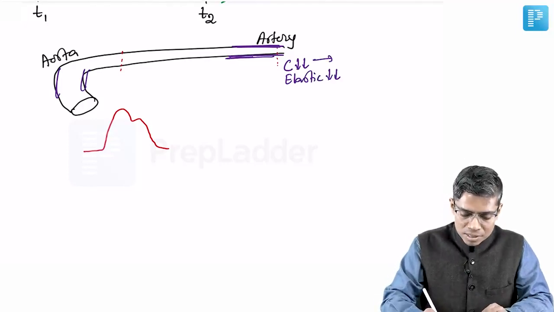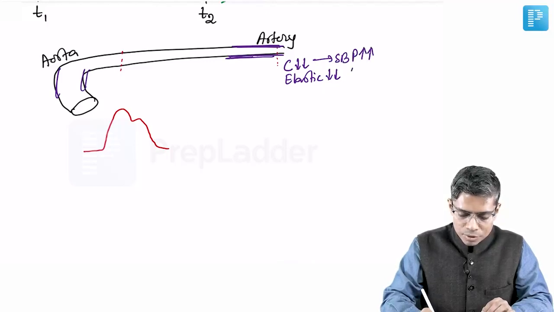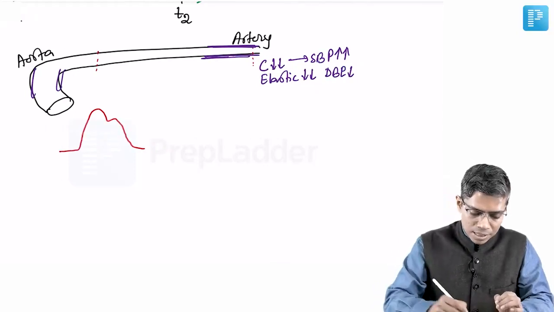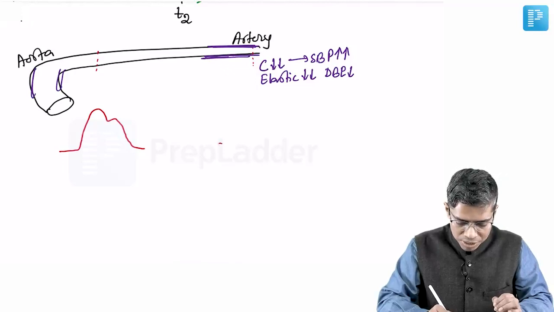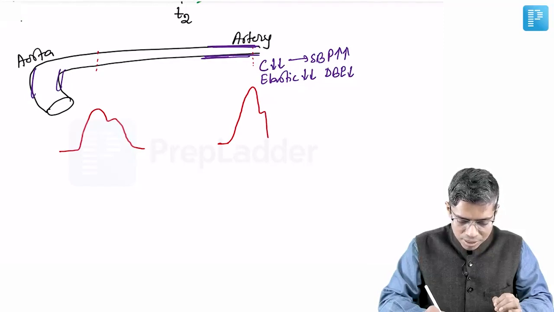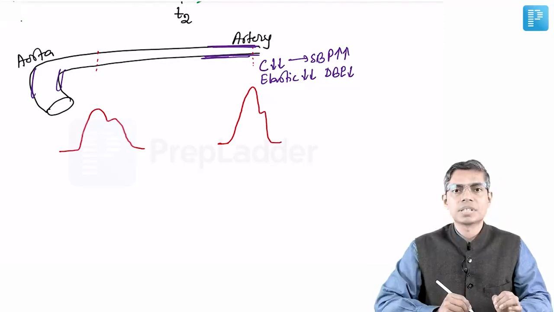So low compliance means systolic blood pressure will be higher, and low elastic recoiling force means diastolic blood pressure will be lower. Alright. So if I record a pressure curve from this peripheral artery, it will look like this: peak systolic blood pressure and low diastolic blood pressure like this.